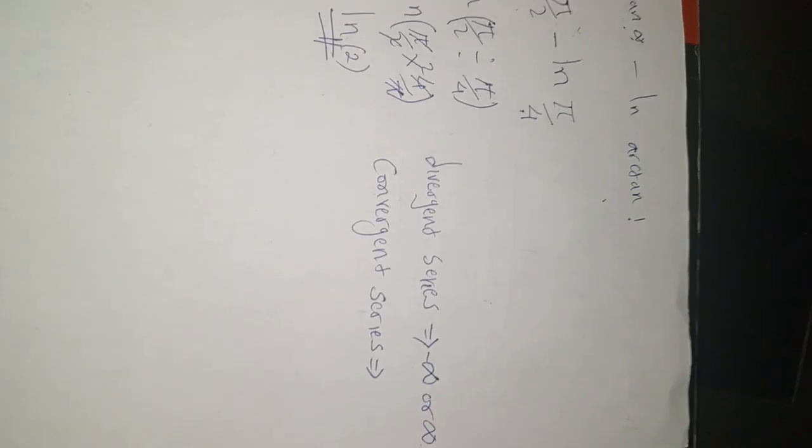So what it means is, if you are finding numbers which are not infinity, negative infinity or positive infinity, and not imaginary numbers, if you are finding just numbers, either negative, positive, decimal, or fractions, it means that the series is what?